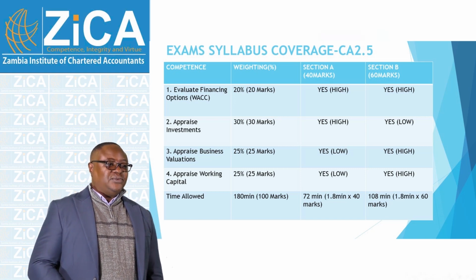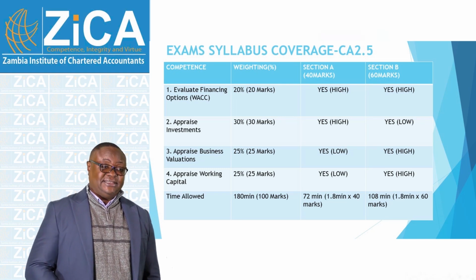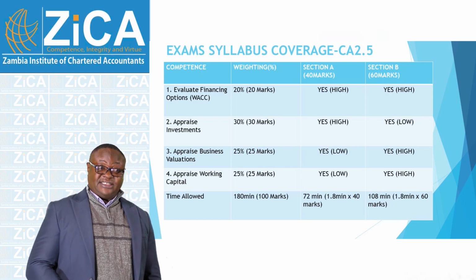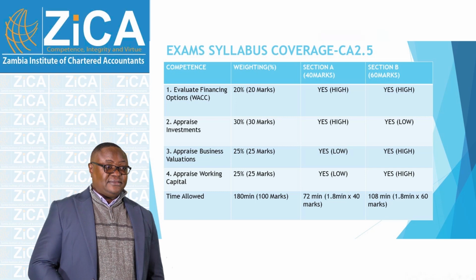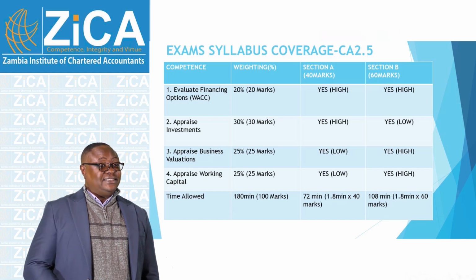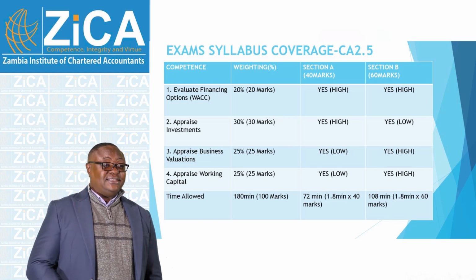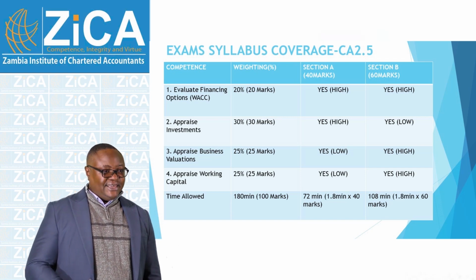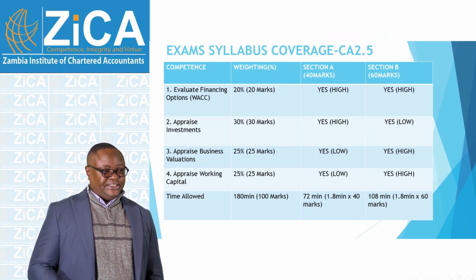When we go to the next one, appraise investment, you can see this accounts for 30% of the marks of the examination paper, which translates to about 30 marks. And the chances that this question will come in section A are quite high, and the chances of it coming in section B are low. This information I'm giving you, when you check the past papers, you see that this is what it is about.